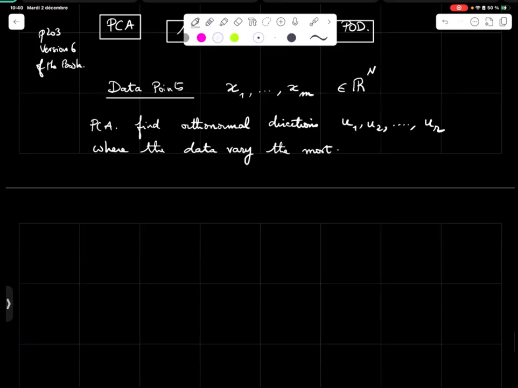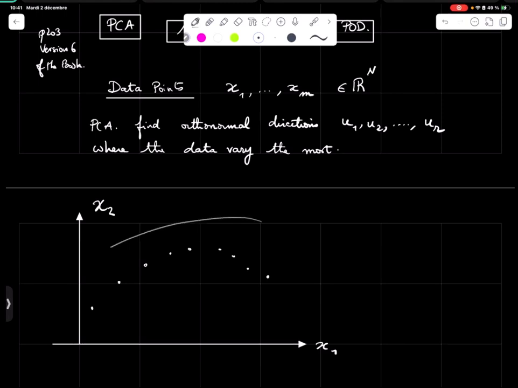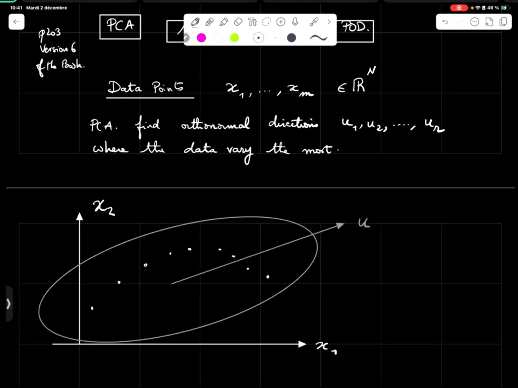So what does that mean? It means if you have these data vectors, x1, x2, so we assume that we have maybe a bunch of points. What PCA does is it's going to draw some sort of, you can imagine this sort of cloud, and it's going to give you two directions, u1, u2, which are orthogonal.